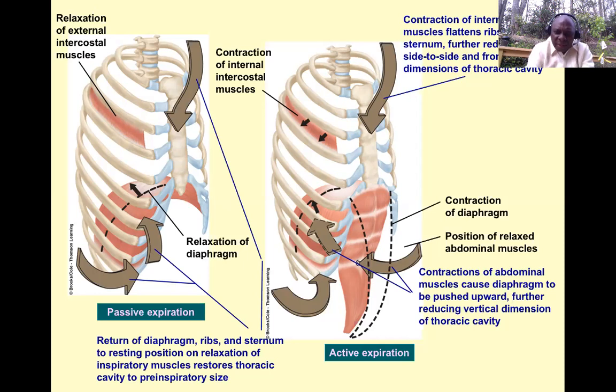And then the abdominal muscles will essentially contract to push the diaphragm further up, and therefore reduce the thoracic cavity in a vertical way.